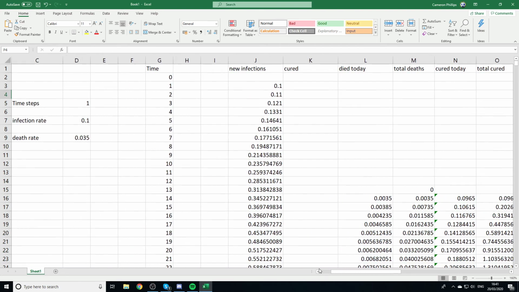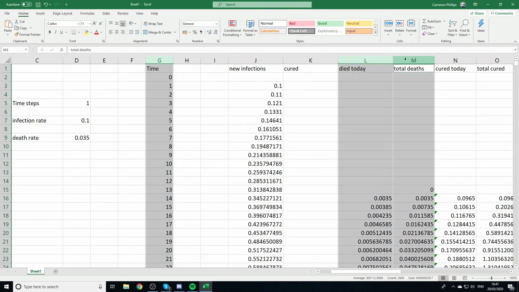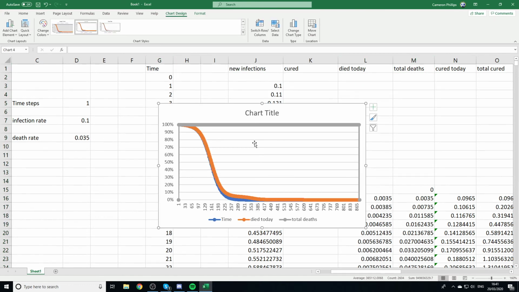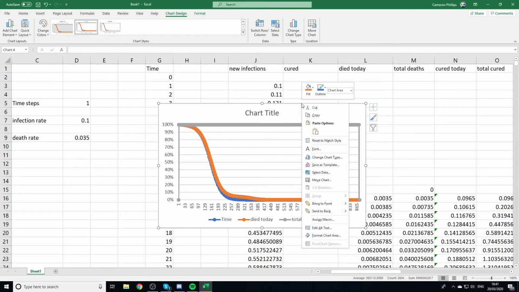So we're going to look at time, control against died today, against total deaths. And this is quite important because when someone's dying, they're probably in an ICU bed, a bed in a hospital that requires a lot of manpower. So insert graph, let's go here, see what happens. That's the wrong type of graph, let's do this again, cut.